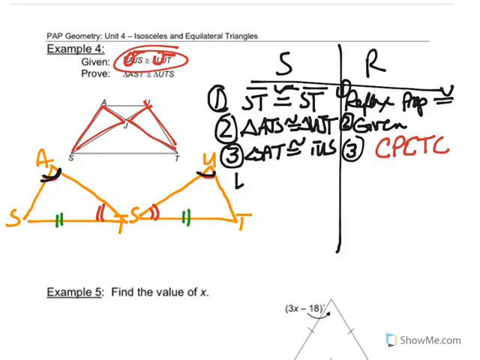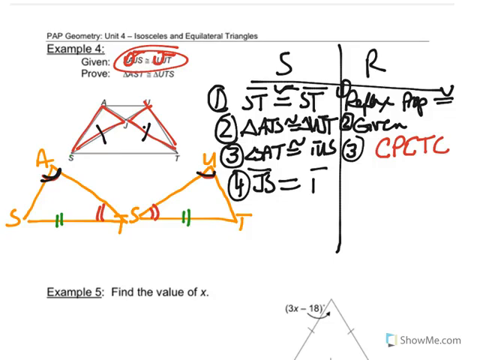Okay, let's go to number 4. We can say that JS and JT are congruent. I actually put my line in the wrong place.